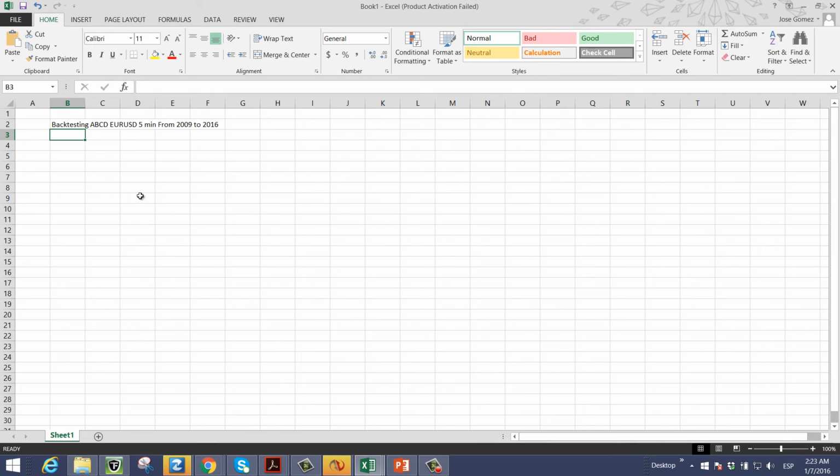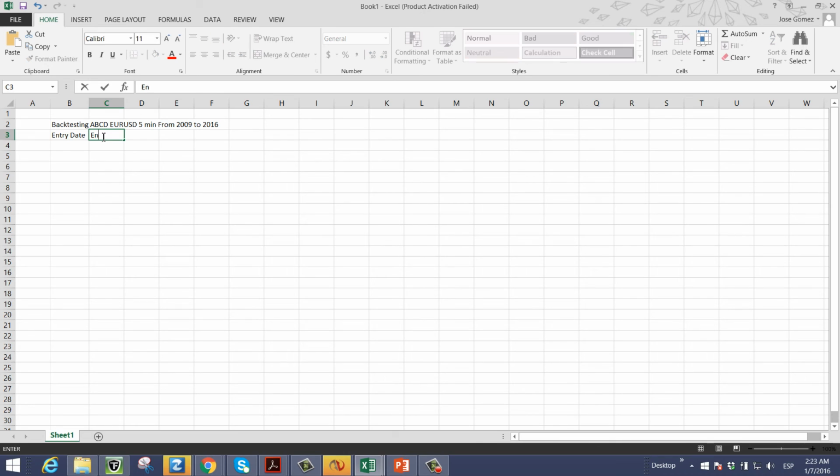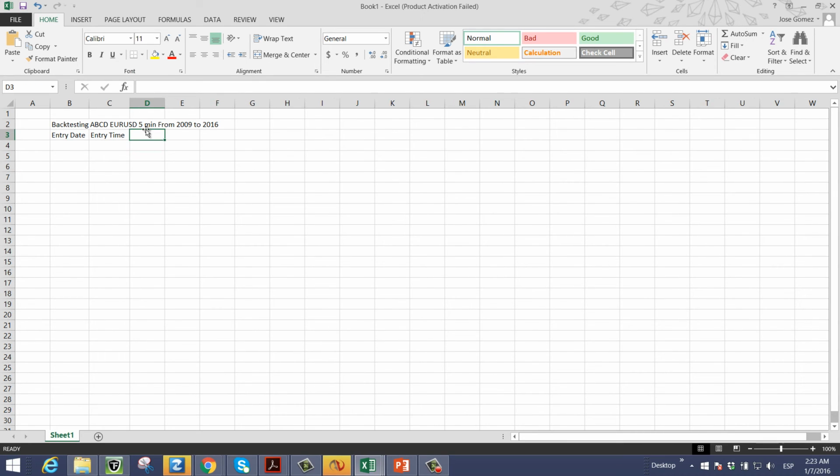So the data that you need on your backtesting, the inputs of your spreadsheet, are real simple. The first thing that in my opinion you need is your entry date, for obvious reasons. The second thing is your entry time. The third thing is your pair, if it's Forex that you're going to trade.